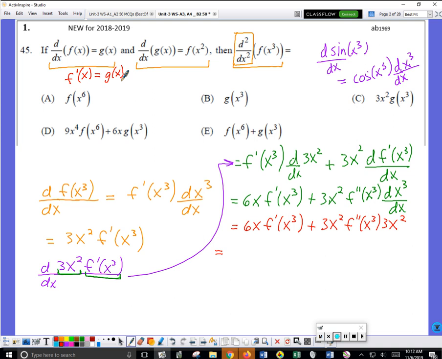Which means this f prime here, so let's see. I have 6x, so f prime of x cubed is going to be the same thing as g of x cubed.